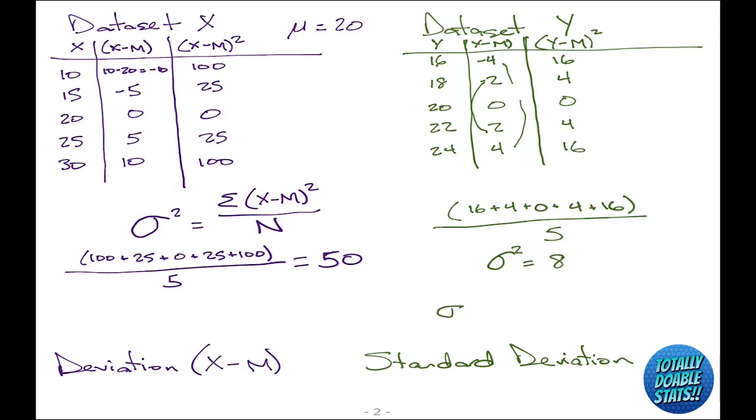And so we'll represent that with a sigma, and it just equals the square root of the variance, which in this case, over on this side, is the square root of 8, which you may understand is the square root of 4 times 2, right? And so I can actually take the square root of that 4. In this instance, the standard deviation is 2 times the square root of 2.